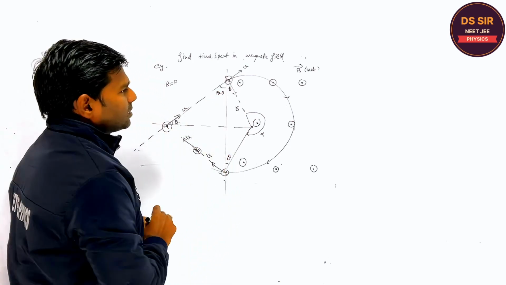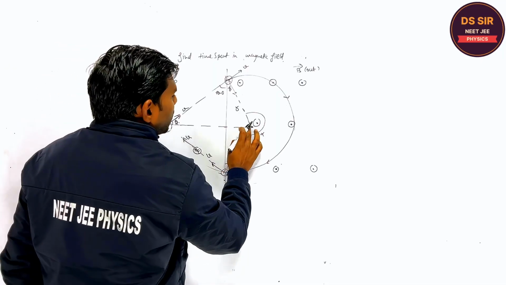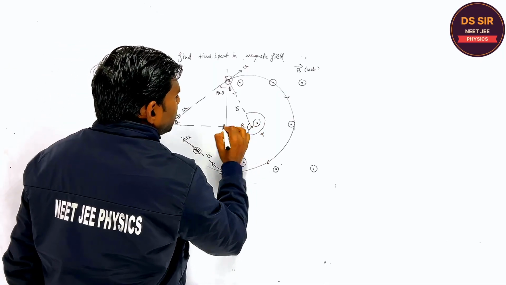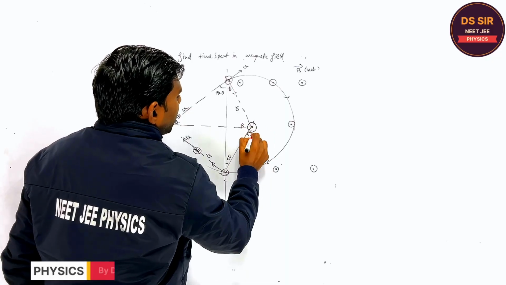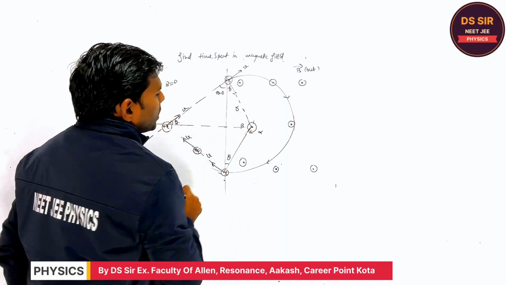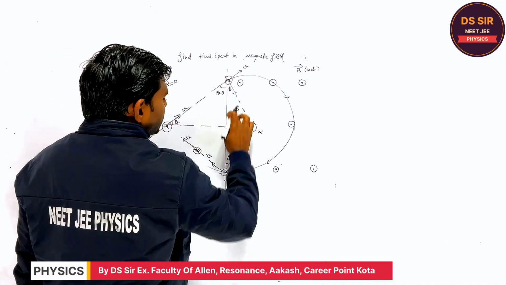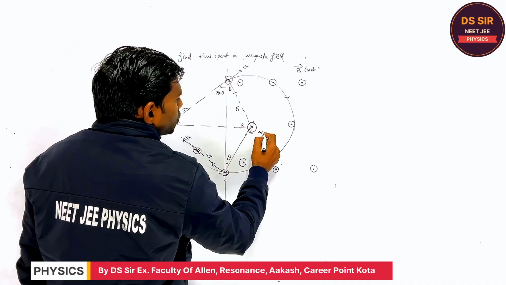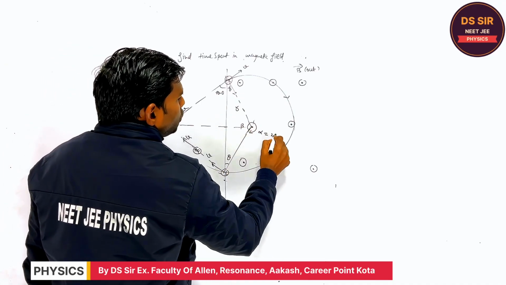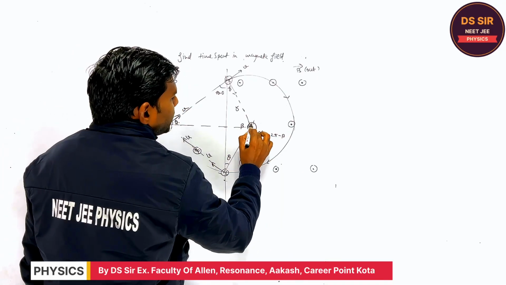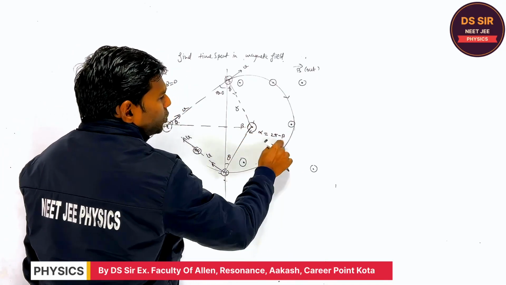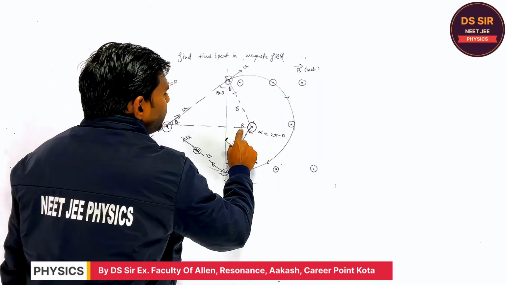If you consider this is the beta and this is the angle alpha, is it clear or not? If it is theta and theta, so alpha is nothing but 2 pi minus beta. If it is beta, this angle is 2 pi minus beta. What is the beta?